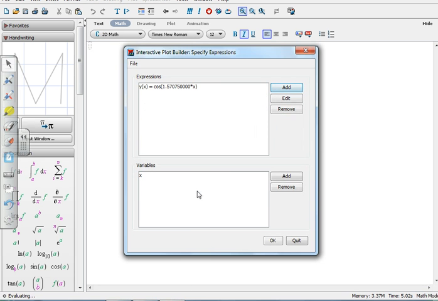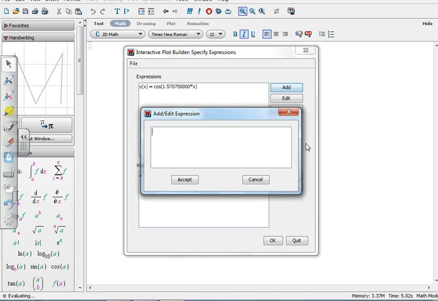Okay, we're going to put that in, and then we're going to add another one, y of x equals sine of pi, 3.1415, divided by 2, times t minus 3, x minus 3, in parentheses, except, what's the problem?